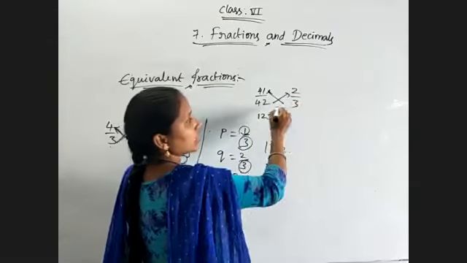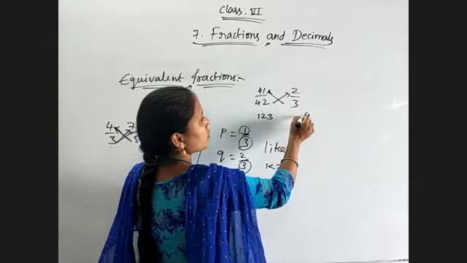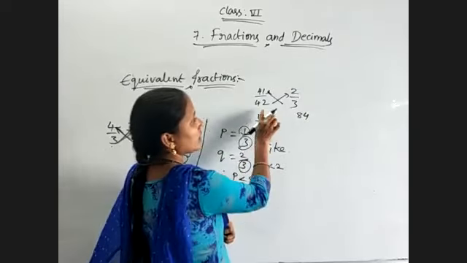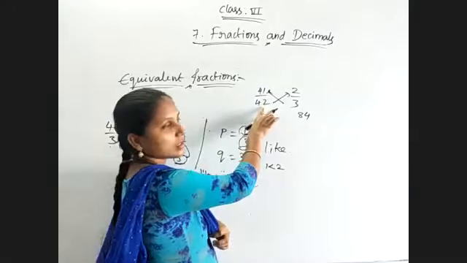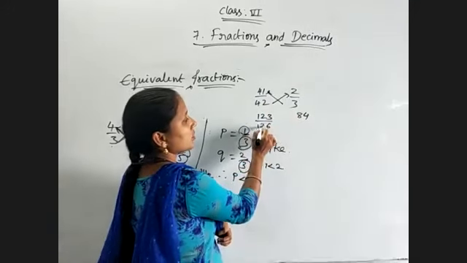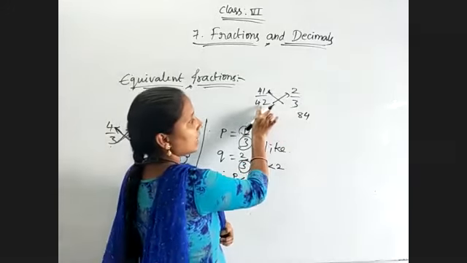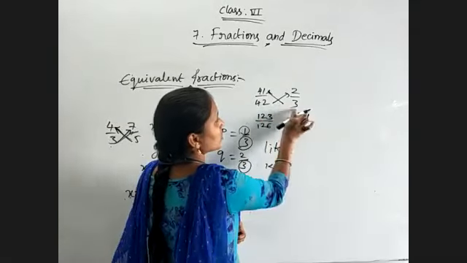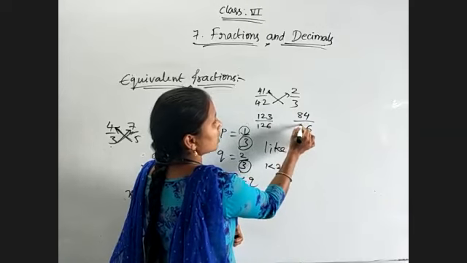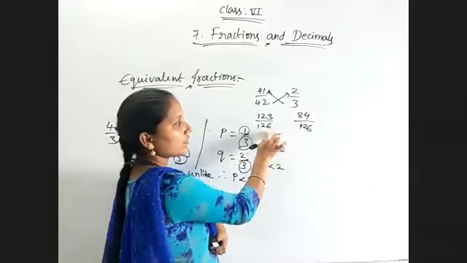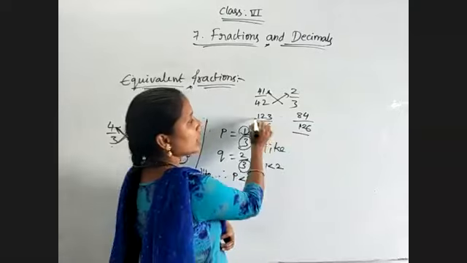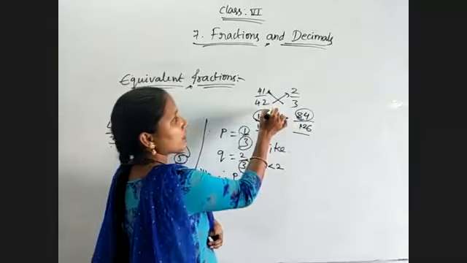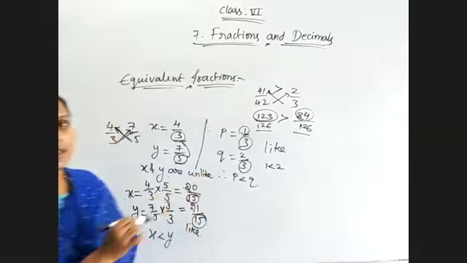And for the other we get 2 twos are 4, 2 fours are 8, so 84. And the denominators: 3 twos are 6, 3 fours are 12, and 42 times 3 is 126. After the conversion, the denominators are the same. Now 123 is greater than 84. So 41 by 42 is greater than 2 by 3.